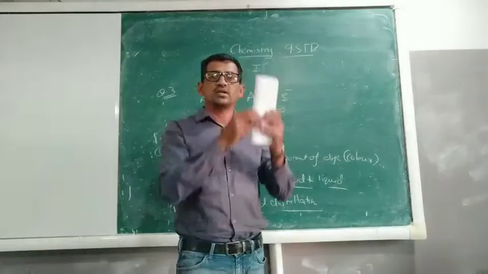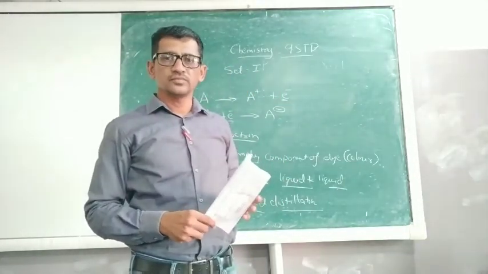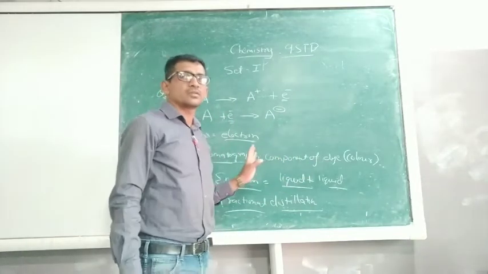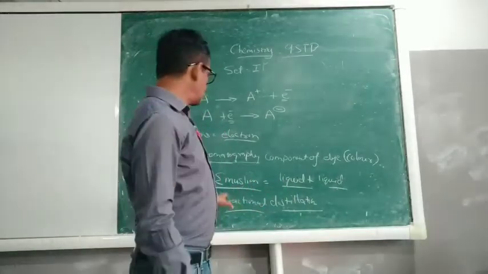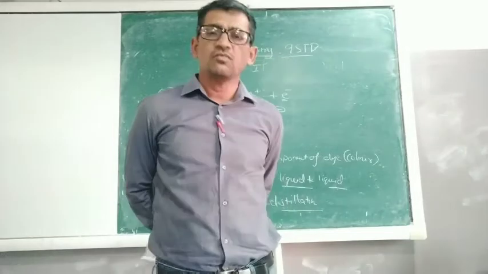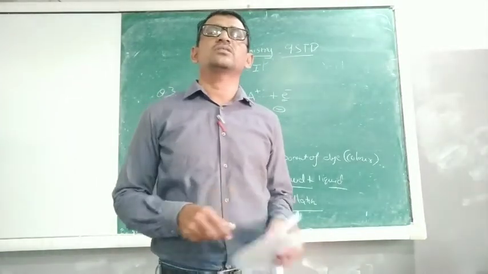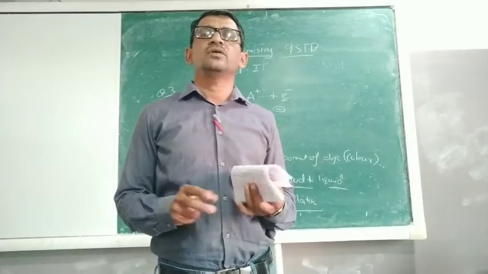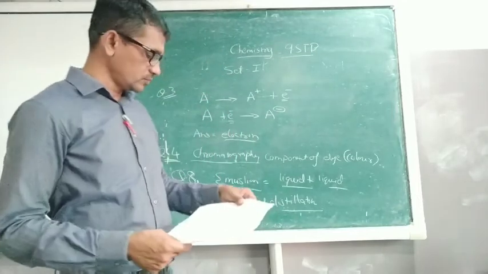One long column is there. So if boiling points are very near to each other, then we can separate by fractional distillation. If the boiling points are different, then we can use simple distillation.